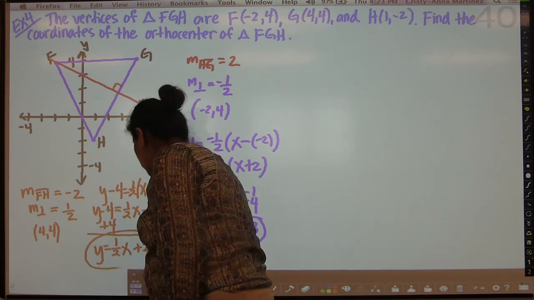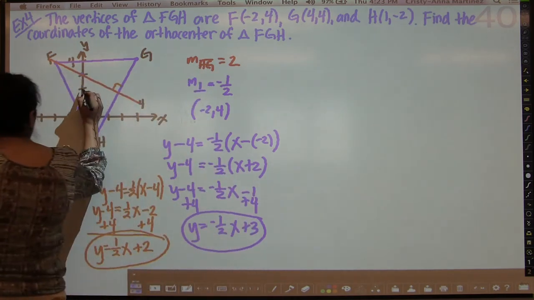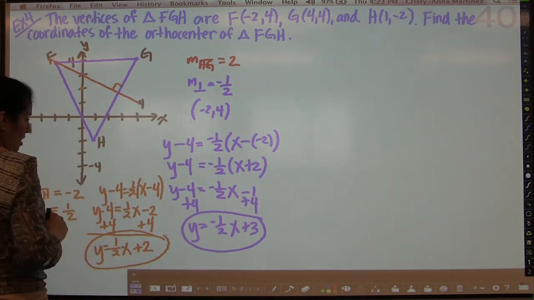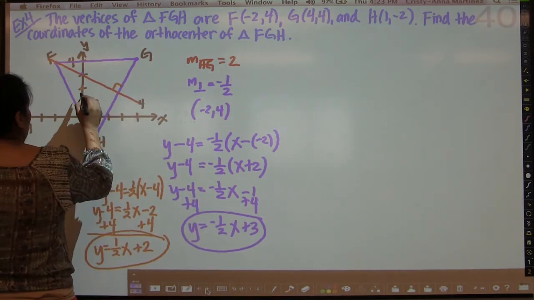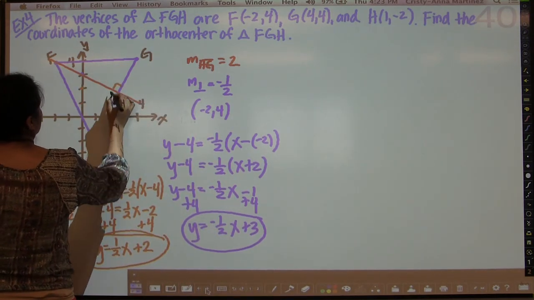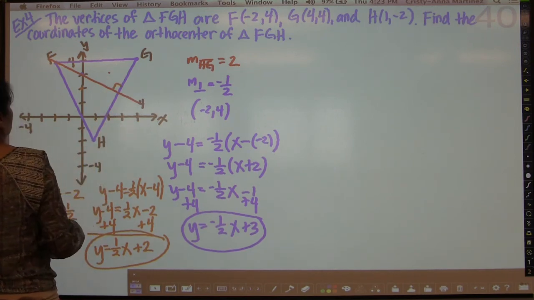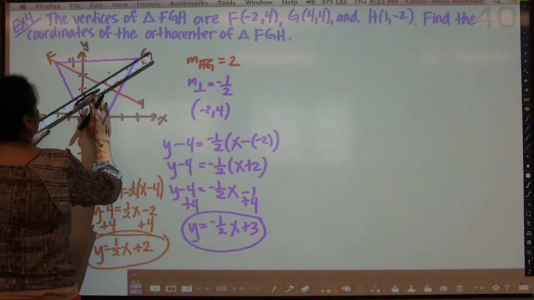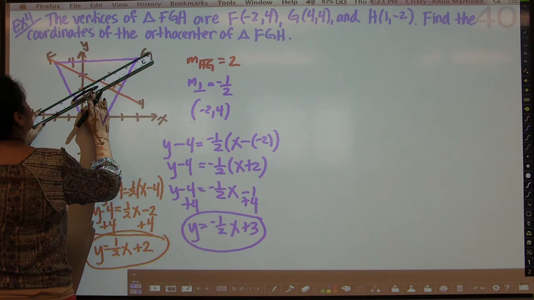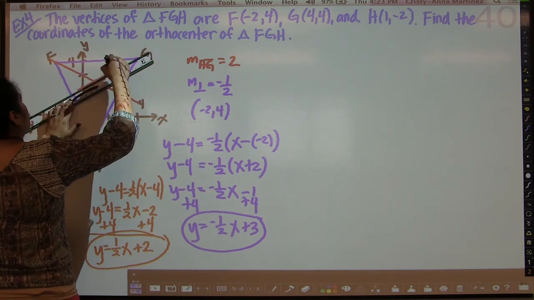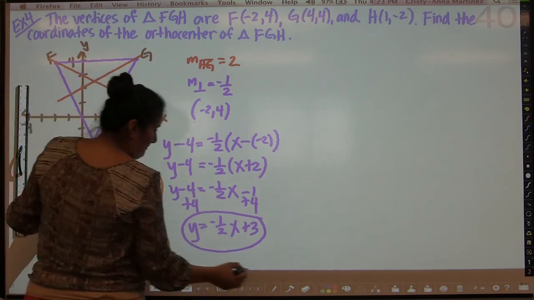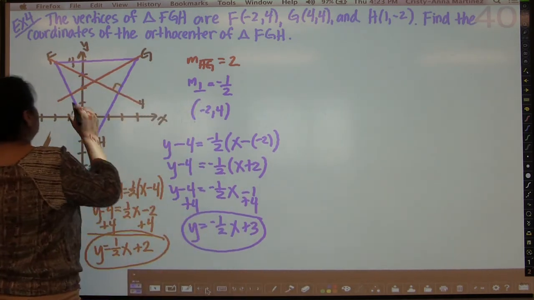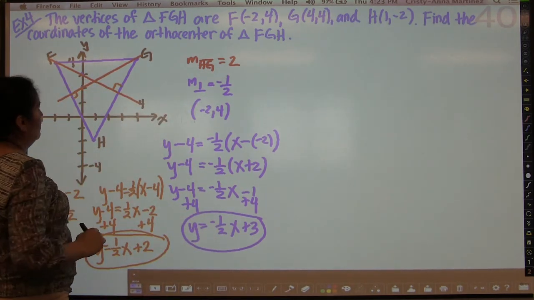There's my second equation. So there's going to be my plus 2. And 1/2 is up 1 over 2. And it's going to go just like that. Okay? And there's my perpendicular segment there.